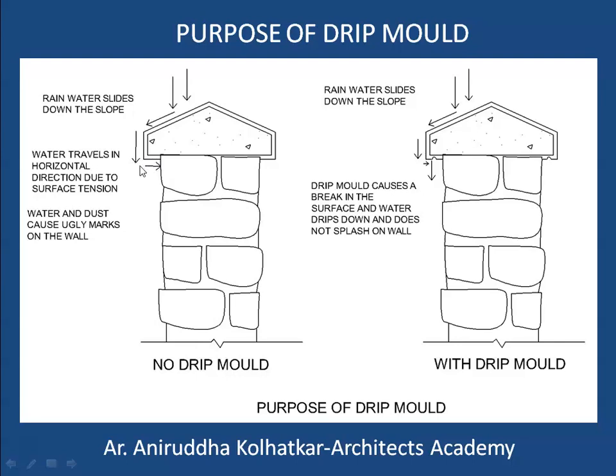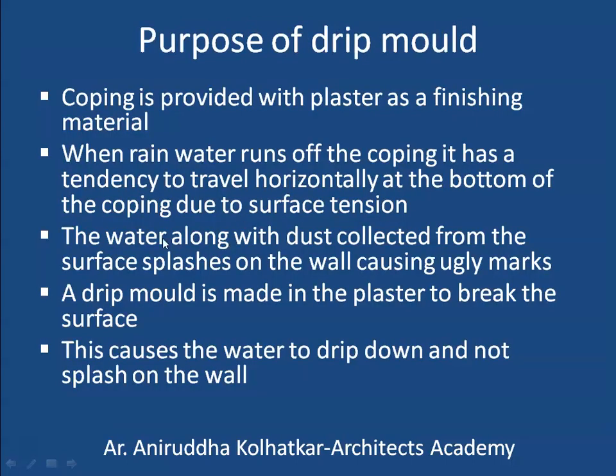Now what happens as a result of this is that any dust and anything gets collected on top of this coping will get mixed with the rainwater and it will travel horizontally and get splashed onto this wall. This will create ugly marks on the wall, and therefore this is not a desirable thing. So what is done is that the drip mold is made in the plaster to break the horizontal surface.